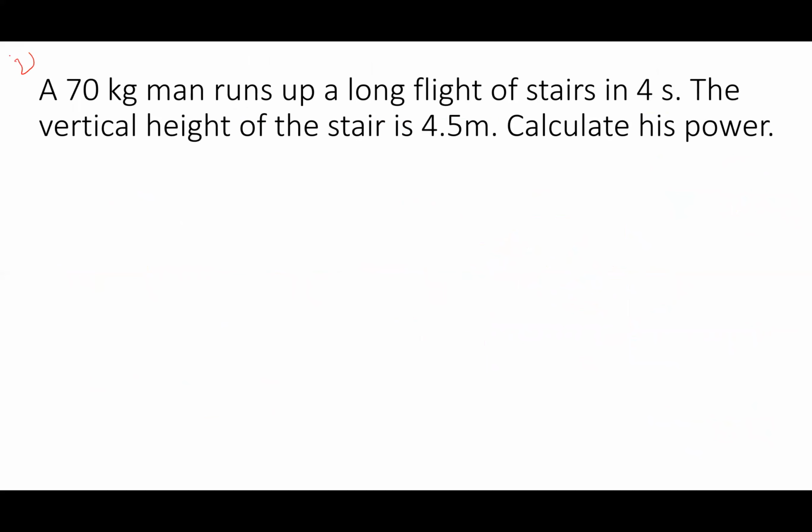Numerical 2. A 70 kilogram man. Mass of the man is M is equal to 70 kilogram. Climbs a flight of stairs in 4 seconds. Time of flight is 4 seconds.